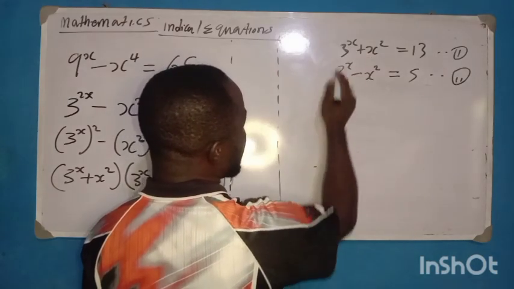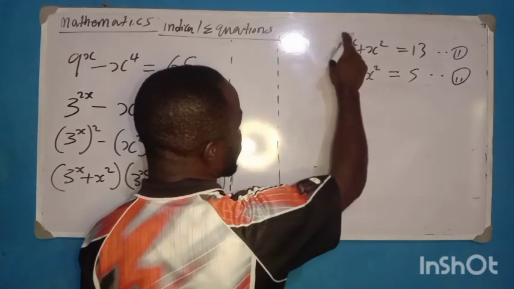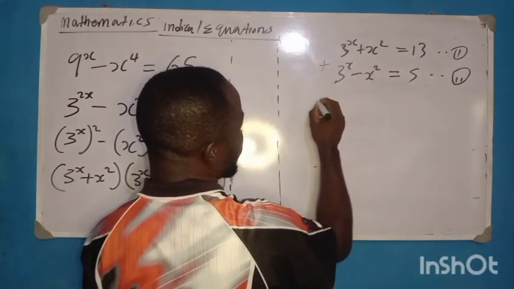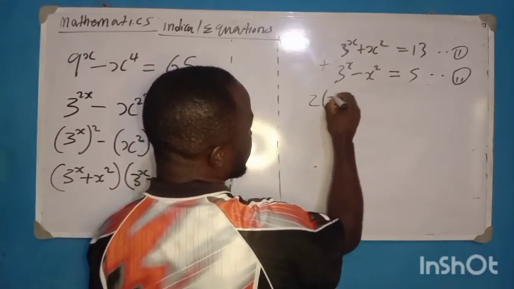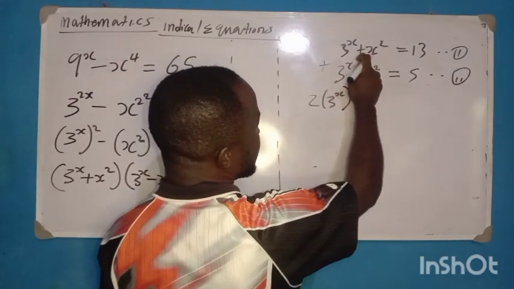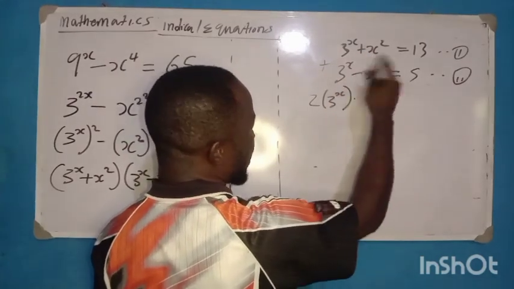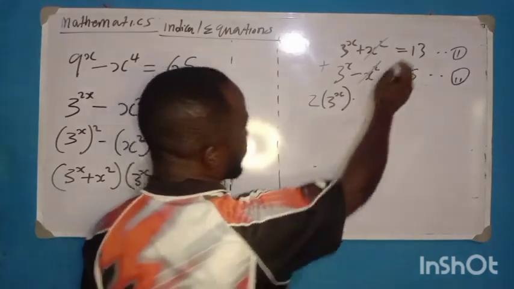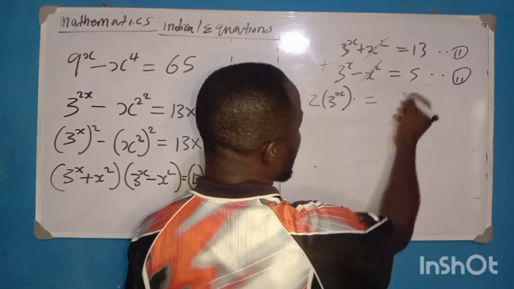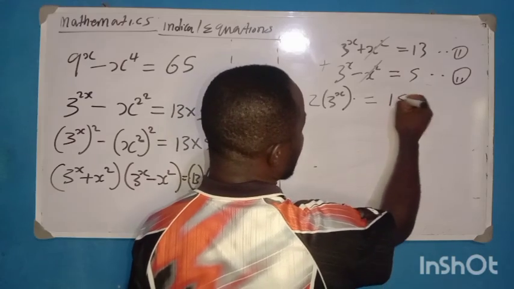Because the bases are the same, we have 3 to the power of x plus 3 to the power of x, which gives us 2 times 3 to the power of x. Then x squared minus x squared gives us 0, so this will cancel away. You are left with 13 plus 5, that is going to be 18, right?